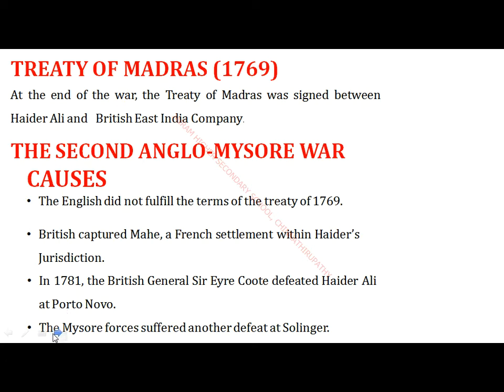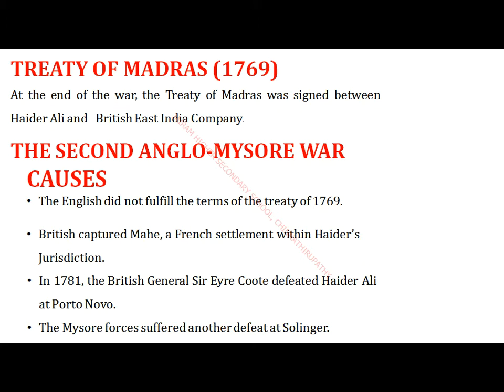The Mysore forces suffered another defeat at Solinger. Solinger is a town panchayat under Solingur taluk in Ranipet district of Tamil Nadu. It is famous for the Lakshmi Narasimha Swami temple.